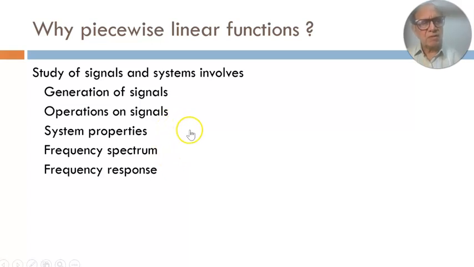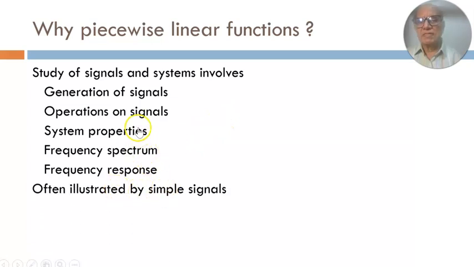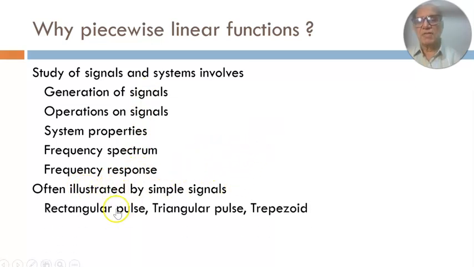Now, in order to make all these studies, you often illustrate them by examples. And for these examples, you use simple signals. What kind of signal? Rectangular pulse, triangular pulse, trapezoid, etc. Now, these kinds of signals can be easily implemented by what are called piecewise linear functions.